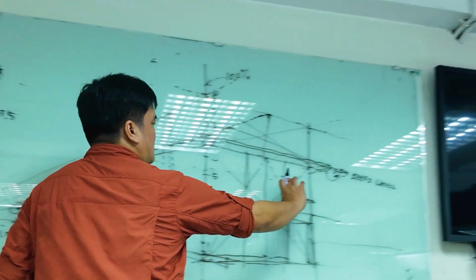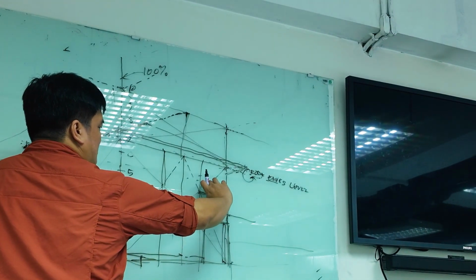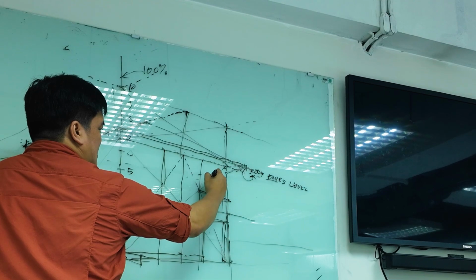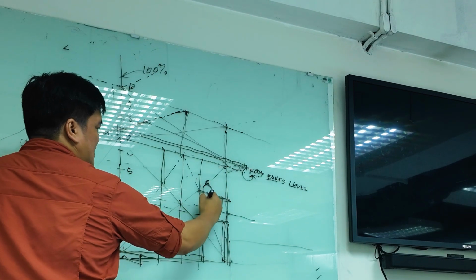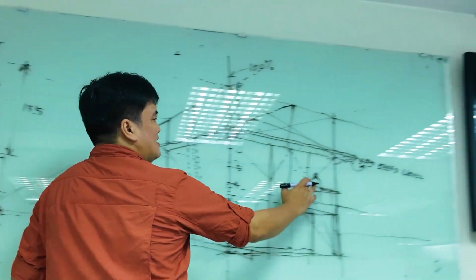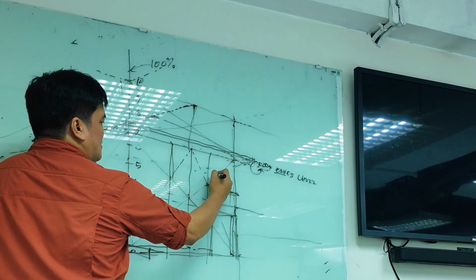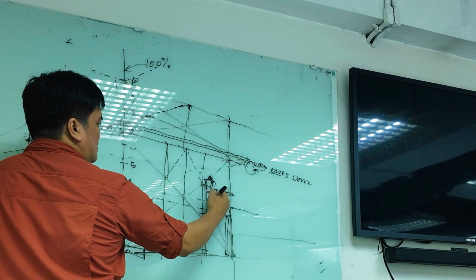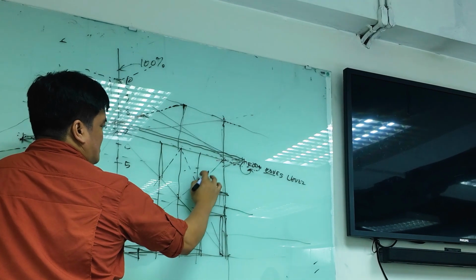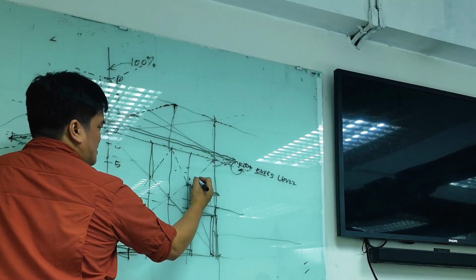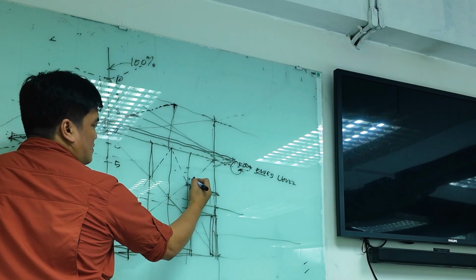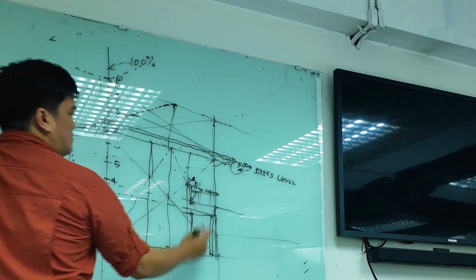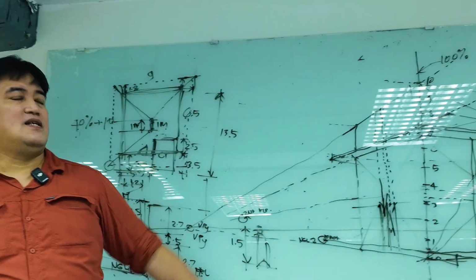If we take this proportion, a person standing behind the railing would be something like this. Very wide though. It's supposed to be smaller. 1.5 eye line, eye level. Here it's actually even shorter because you're further down, so it's like this, proportion-wise.